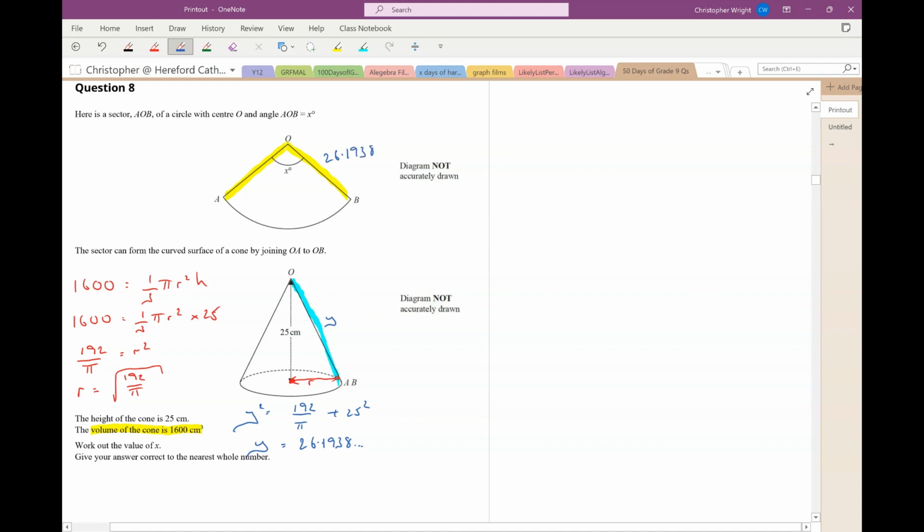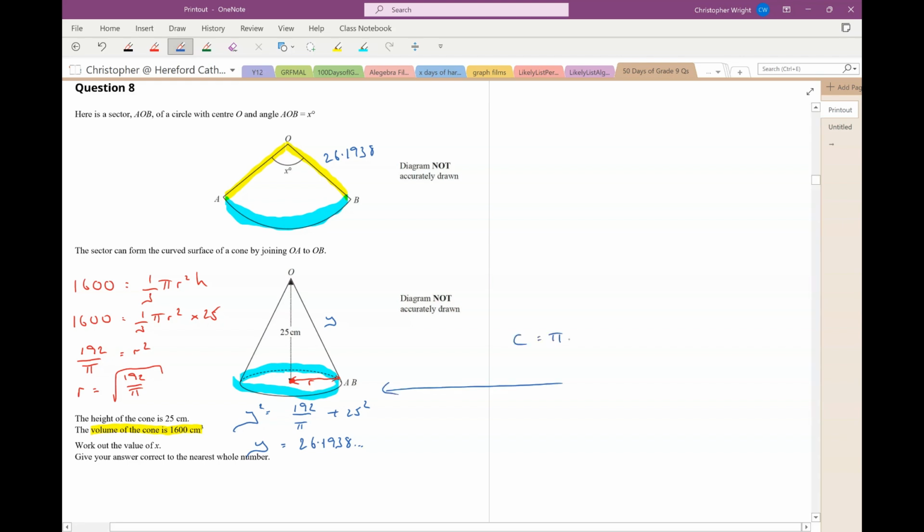Now I can find an expression for this curved part of the circumference there, and also I know that that length from A to B is the same as this length from A to B, all on this bottom diagram here. It's the same as the circumference of that circle. So let's start with the circumference of that circle.